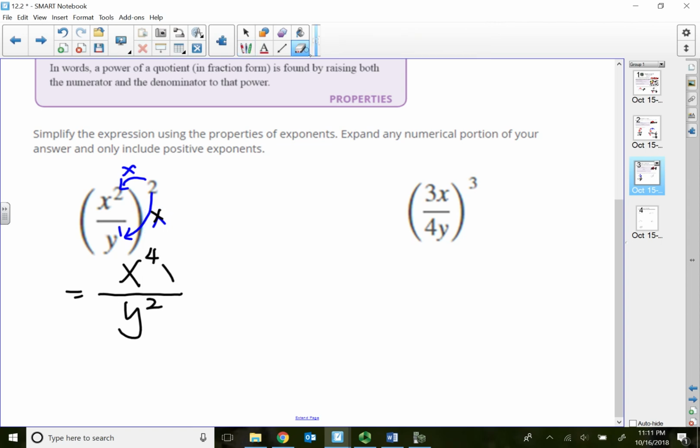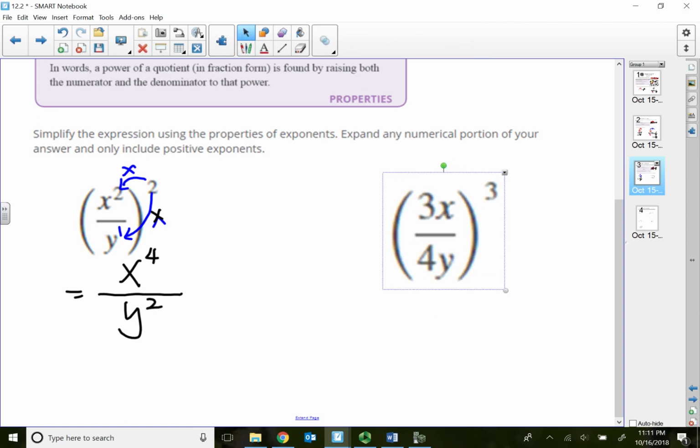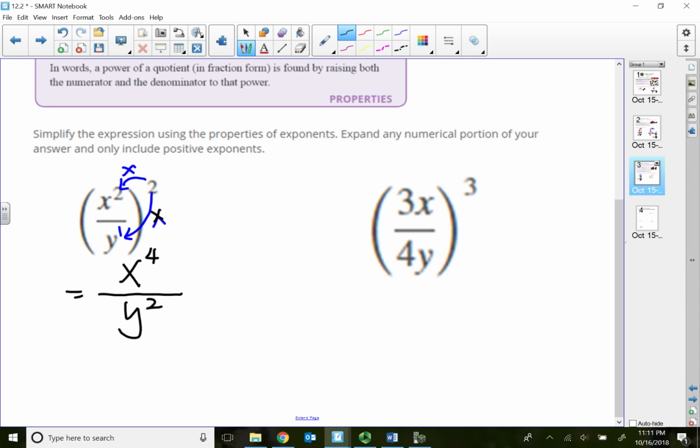Now, whenever there's a numerical value involved, it's always trickier because students always forget the numerical value on the inside, all being one term. I purposely write times so we can separate our bases, our factors. There's a 3 to the first on top, an x to the first on top.